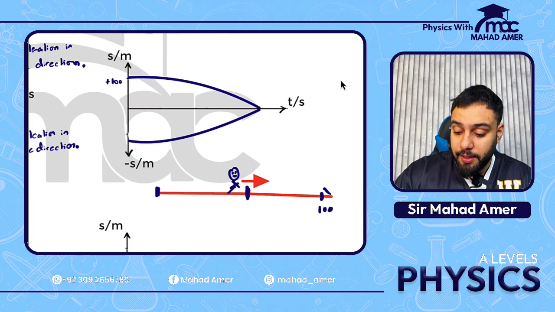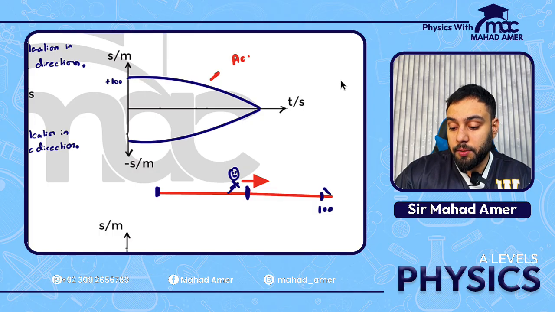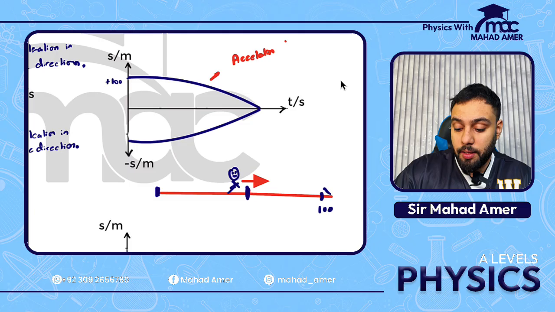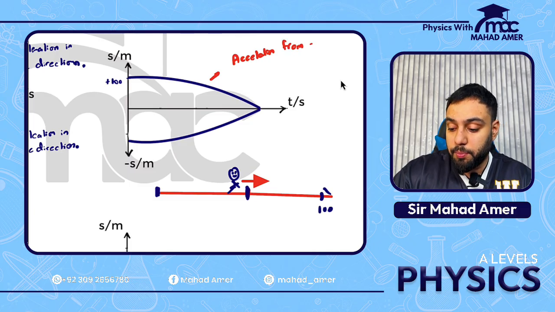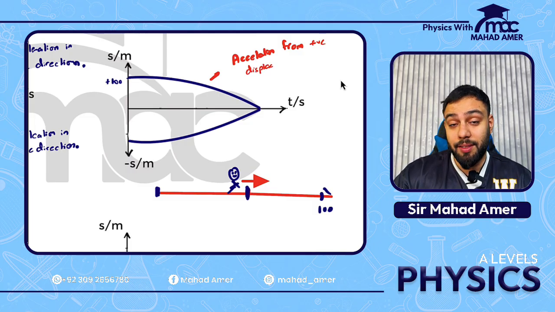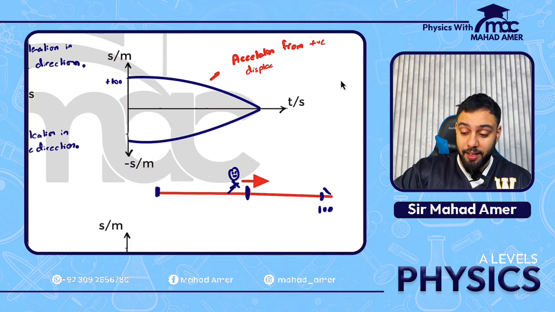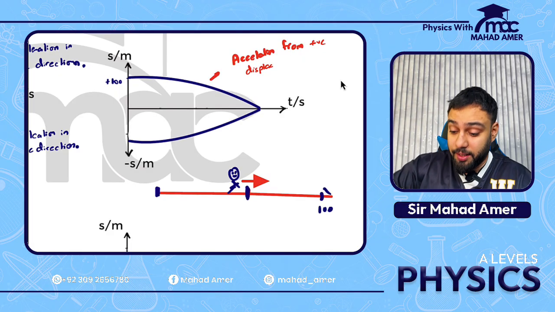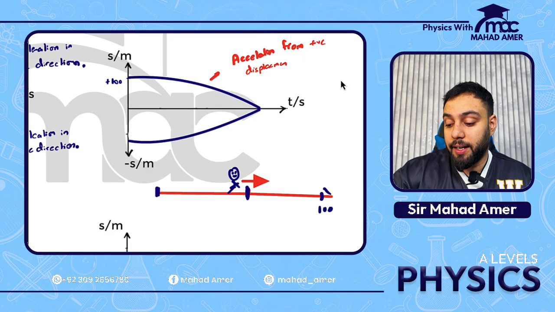So this is basically acceleration from a negative displacement, from a positive displacement. Positive displacement means the direction you're initially in, and moving towards the mean position.